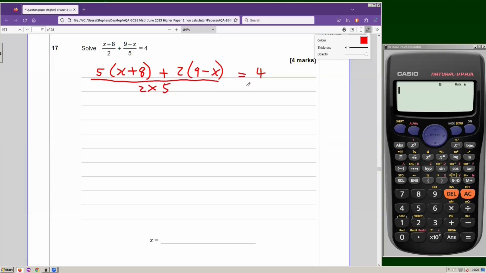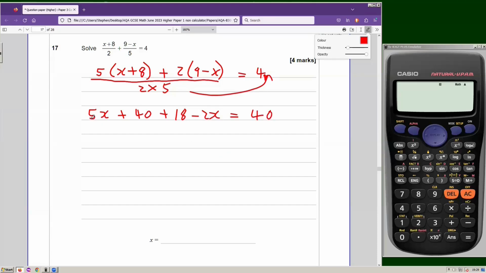equals 4. And I'm going to move that up to the top like this and say 5x, 5 eighths of 40. I'm expanding these brackets, plus 2 nines, 18, minus 2x equals 10 times 4 is 40.